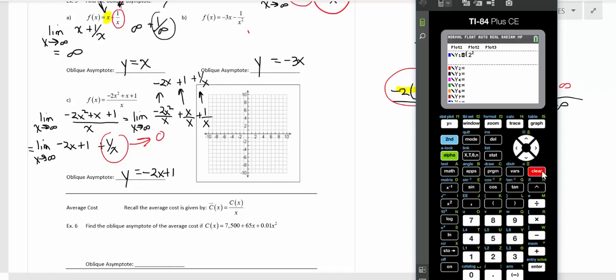Whoop, I do that all the time. There we go, finally. Okay, negative 2x squared plus x plus 1, divided by x.